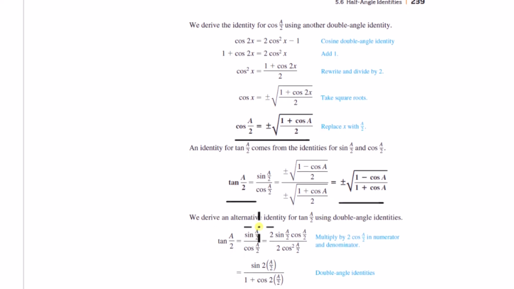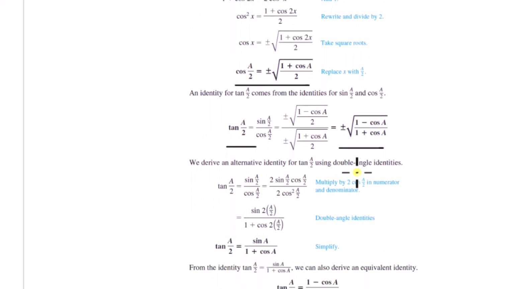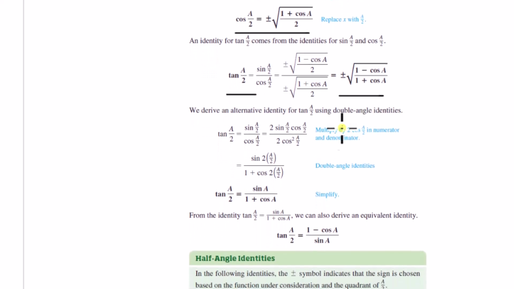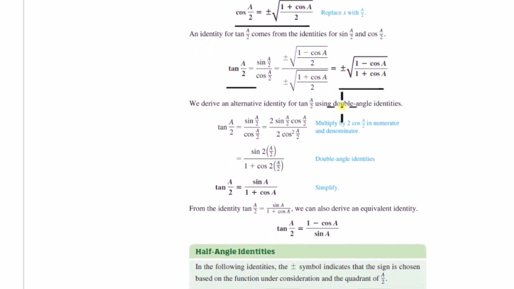Okay, now they derive an alternate identity for tangent a divided by 2 using the double angle identity. So you could use the double angle identities not to get to the same half angle formula, but an alternate one. Tangent a divided by 2, they still use the quotient property, so sine a divided by 2 over cosine a divided by 2. They multiply the numerator and denominator by 2 cosine of a divided by 2.